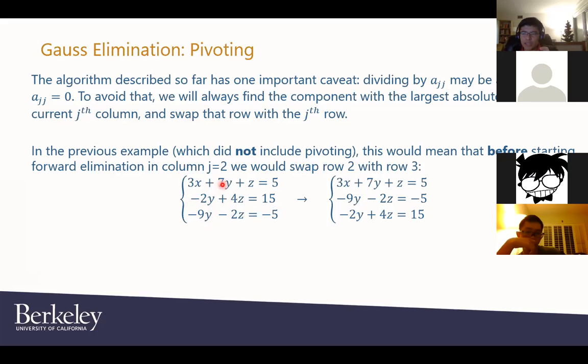If this guy was a 17 instead of a 7, it would be the largest absolute value of that column, but we don't want to swap it to the diagonal, because it would carry a value in x with it, and we wanted to eliminate the x's below the diagonal. Okay, so be careful with that. So you will need to do pivoting before starting forward elimination for each column.